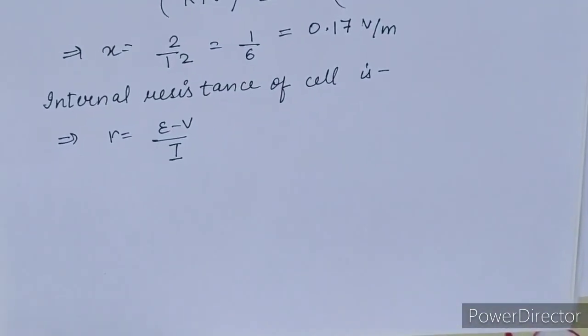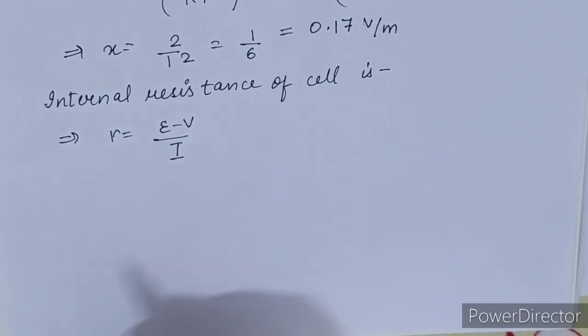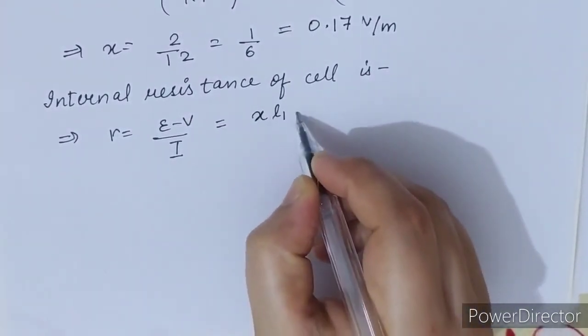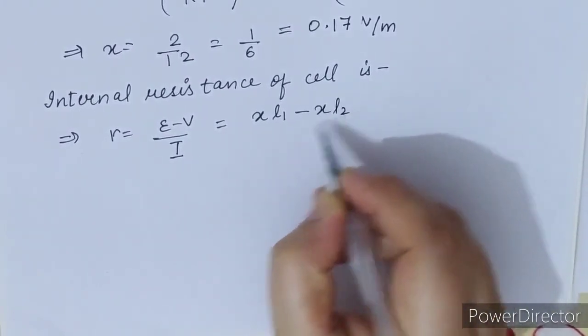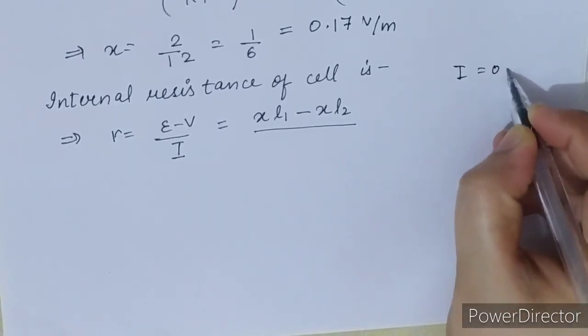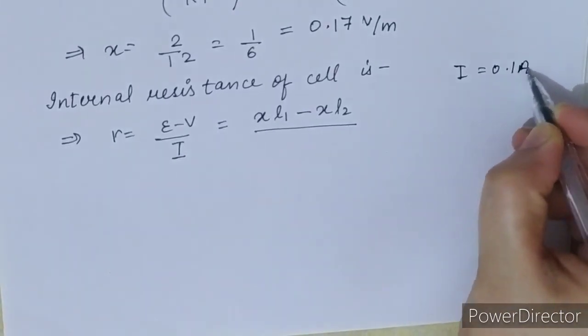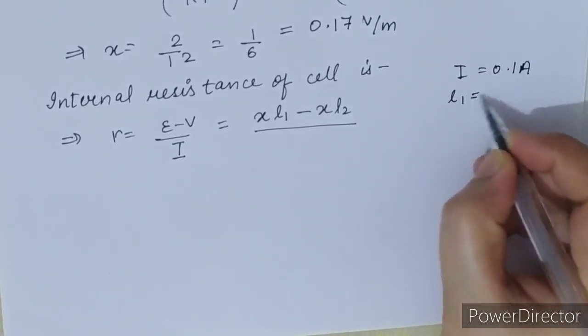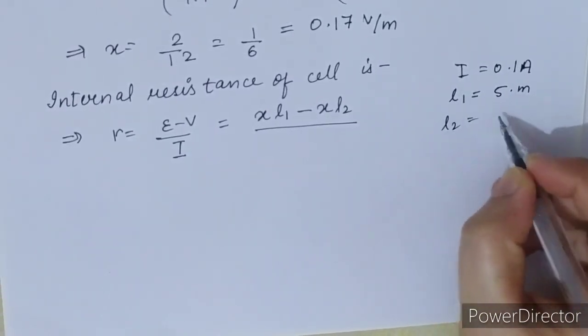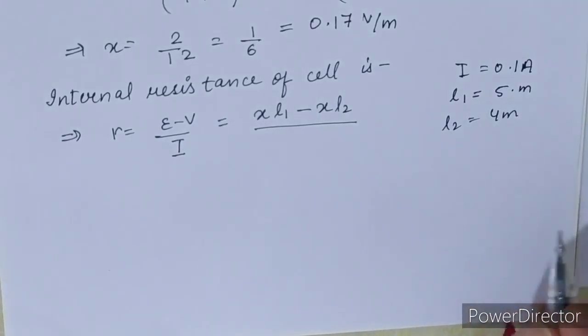Okay, and right now we have that formula. E is equal to X L1 minus L2, and the value of I is 0.1 ampere, and L1 is 5 meter, L2 is 4 meter. Put all these values.